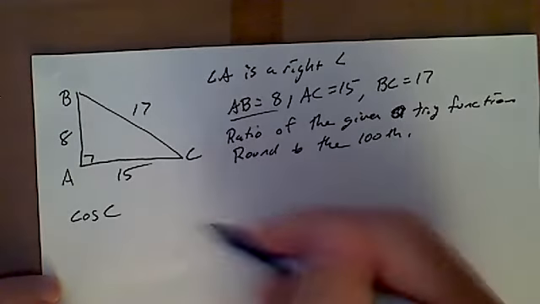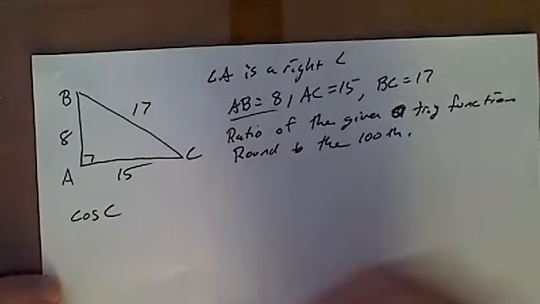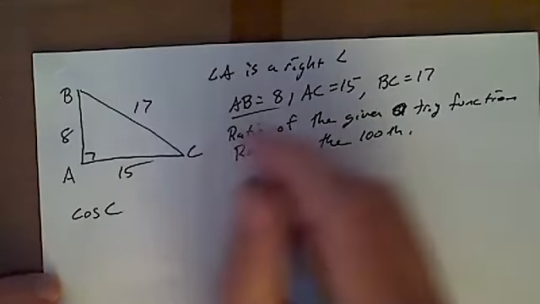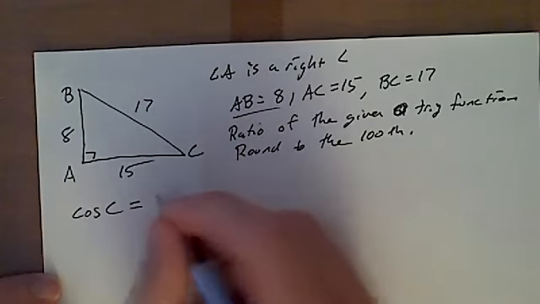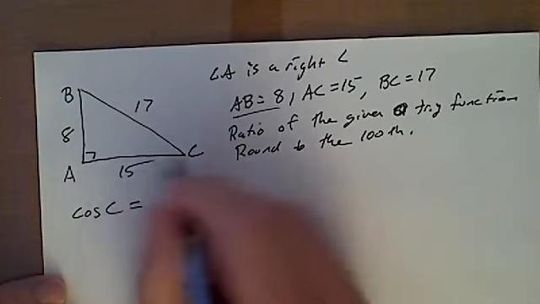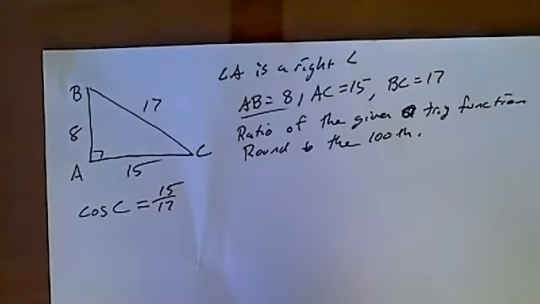And then this would be something that maybe you would show in your work. The cosine of C, so you'd write the cosine of C. Well, the cosine of C is the adjacent 15 over the hypotenuse 17.